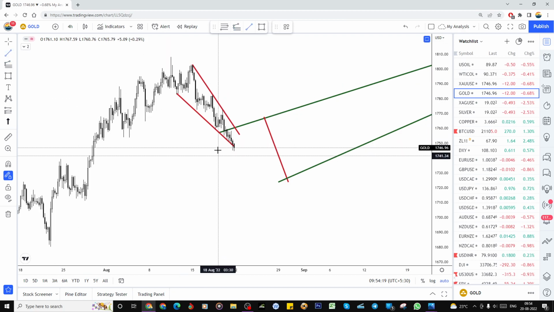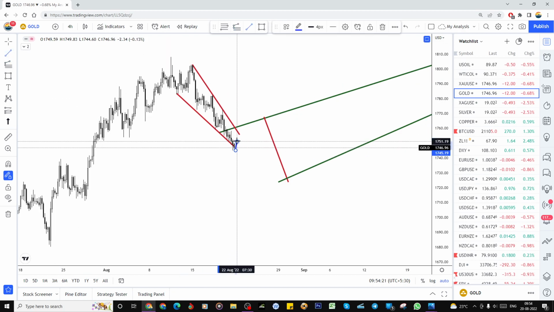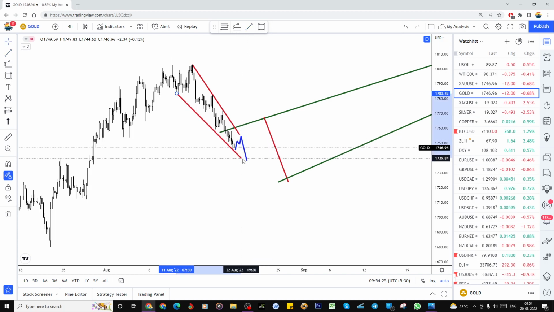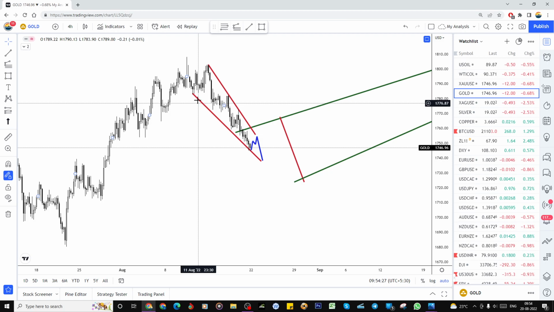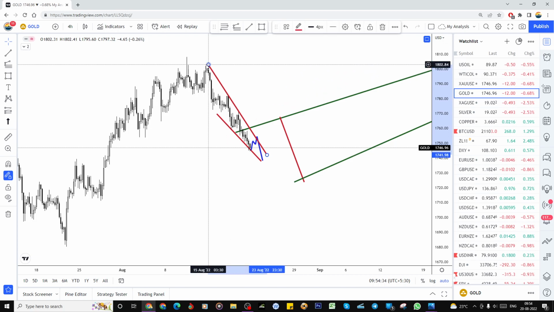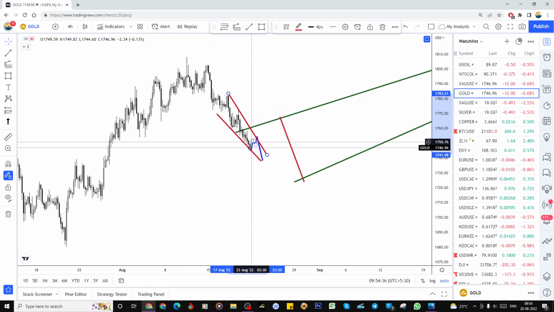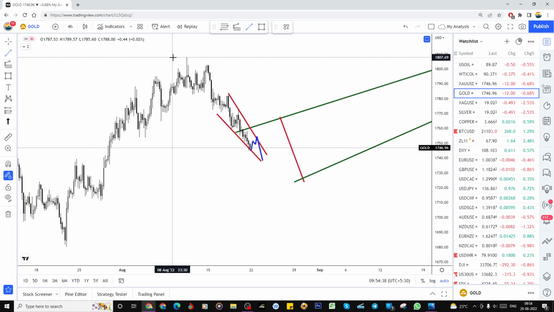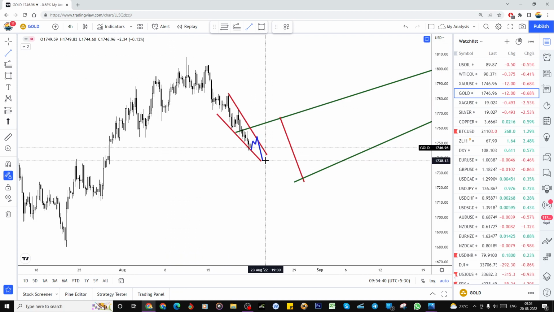So again, maybe one more three-wave structure I'm expecting, and one more down. After this, this could be the wedge formation, like how it happened in Bitcoin. This could be that 1 2 3 4 5, and after this is the A, B, C, one three-wave structure.